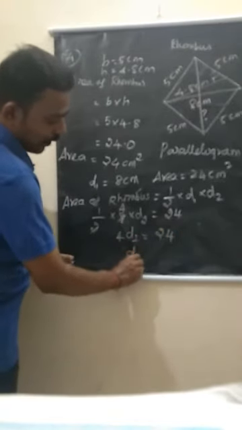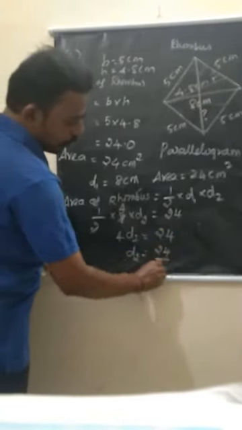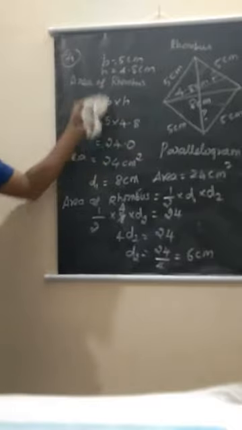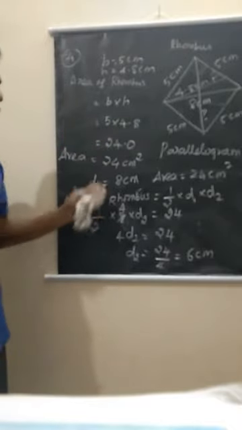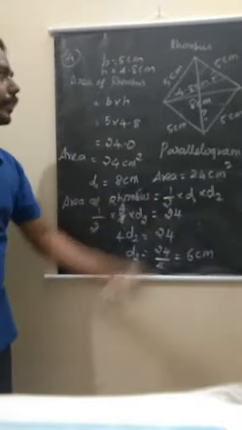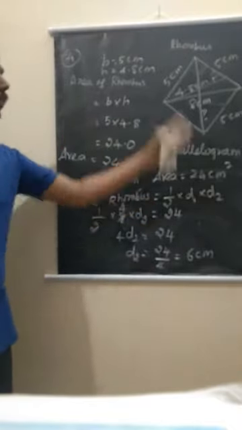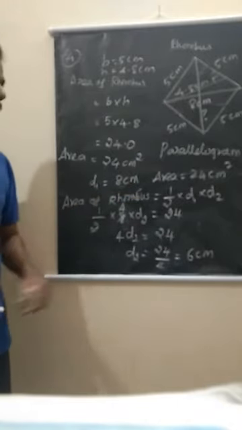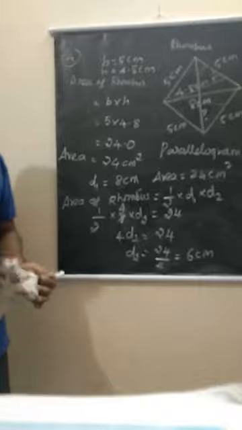That is D2 equals 24 divided by 4, that is 6 centimeter. So in the first one, using the parallelogram property we can find the area, and in the second one, using the diagonals D1 into D2 we can find the area. But in the second one, one diagonal is an unknown value, so using the area we can find the second diagonal.